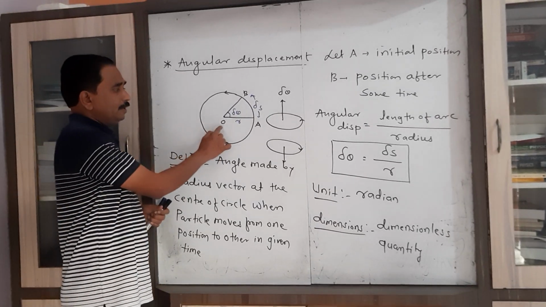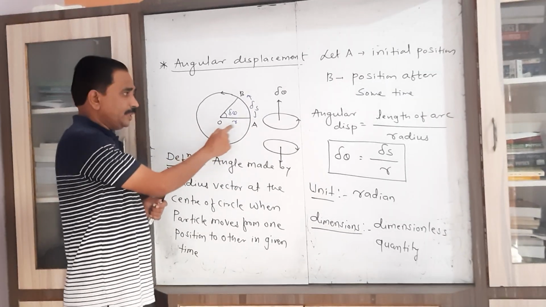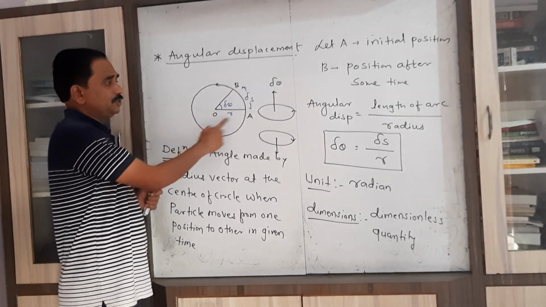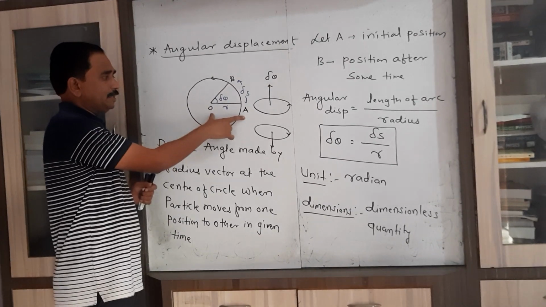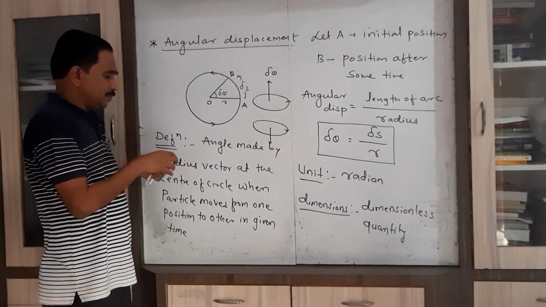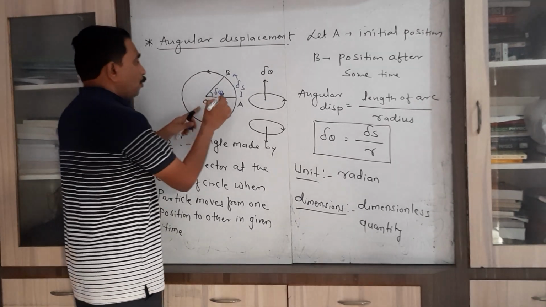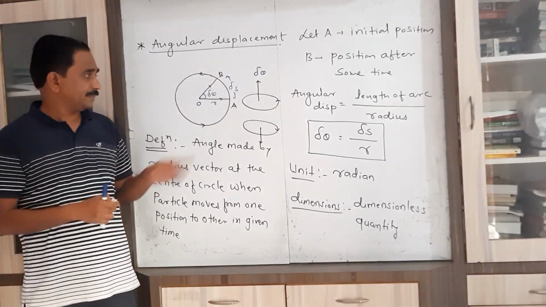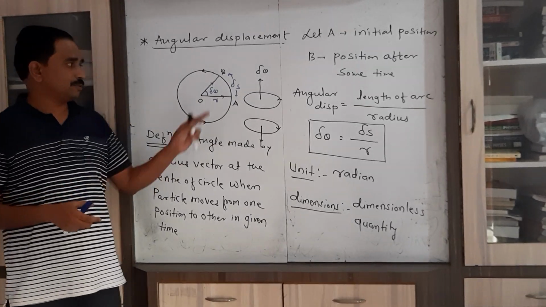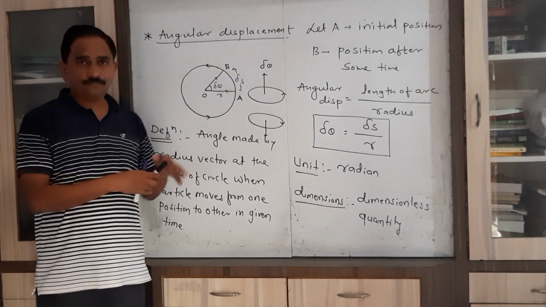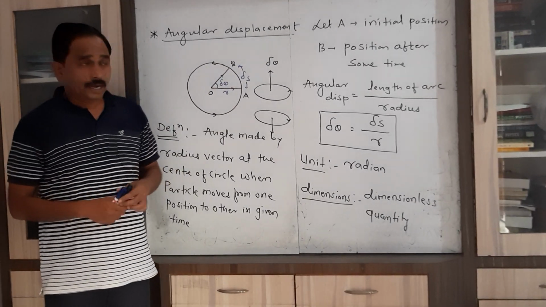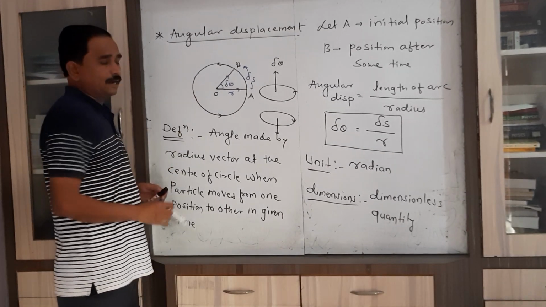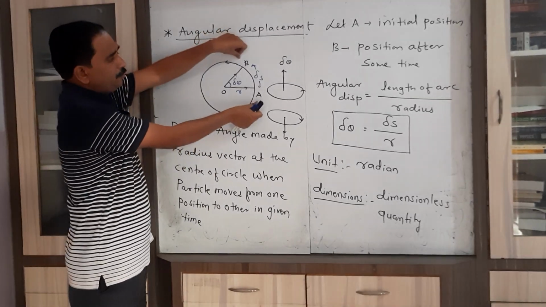Now if we join these two positions with the center, that is, I draw here the first position A with the center as OA, the second position, that is OB. Now here we get two radius vectors, that is, OA for position A and OB for position B. Now here we get the angle between those two radius vectors drawn for the two positions.